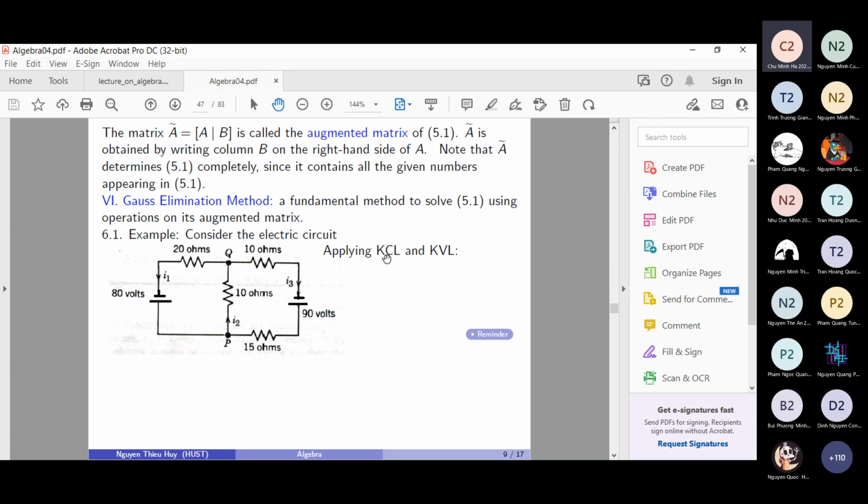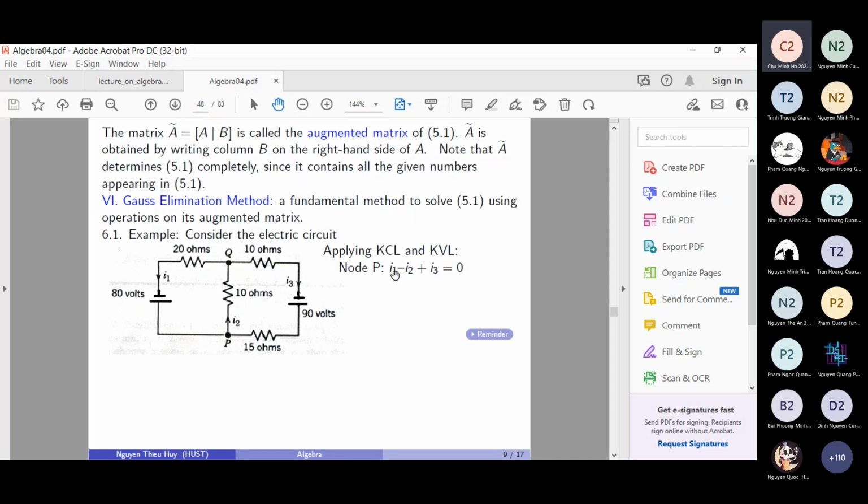So applying Kirchhoff current law KCL and Kirchhoff voltage law KVL, starting with KCL. On the node P, the inflowing currents are I1 and I3, and the outflow is I2.